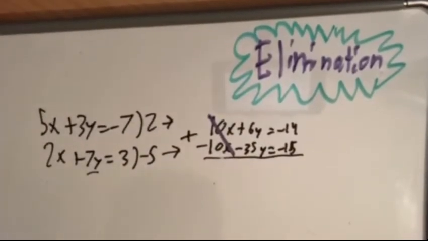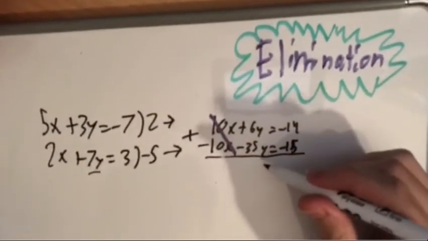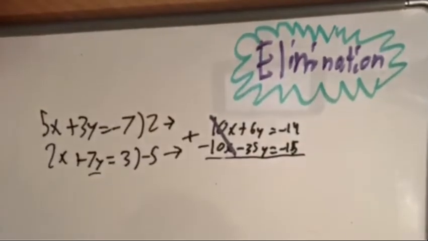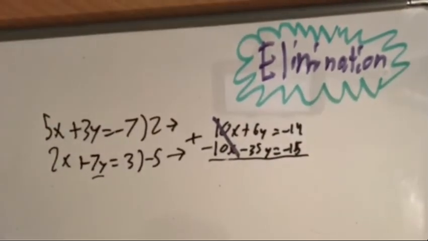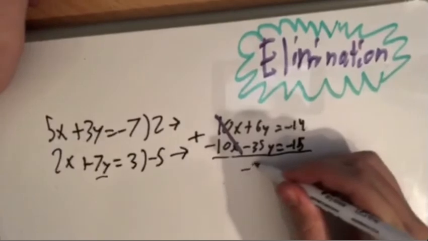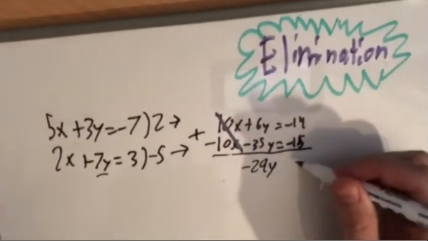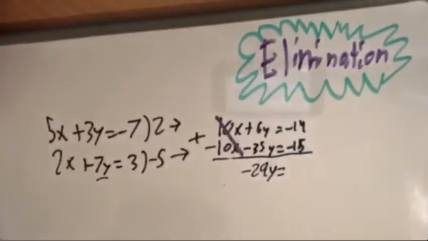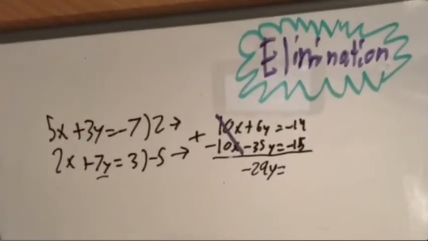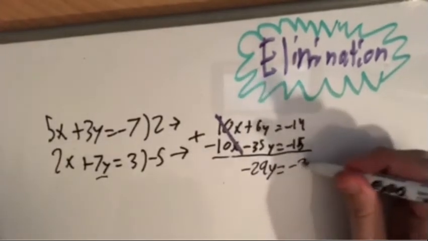Now we're left with the y's. So we take 6y plus negative 35y, and that equals negative 29y. And the other side, negative 14 plus negative 15, is equal to negative 29.